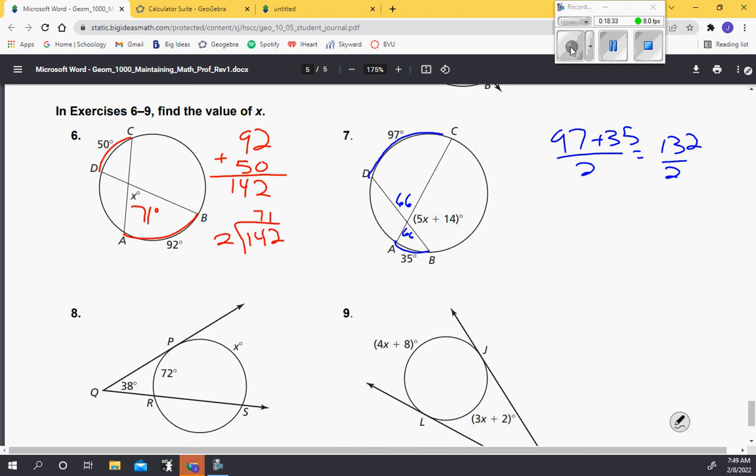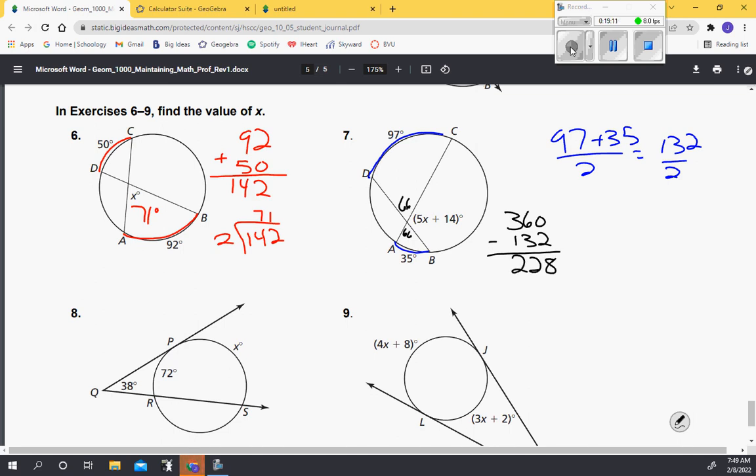Now what I'm going to do is focus on this circle, because all 4 of those angles need to add up to 360 degrees. So if I have 66 and 66, which is 132, I'm going to take 360 and subtract 132, which is 228.